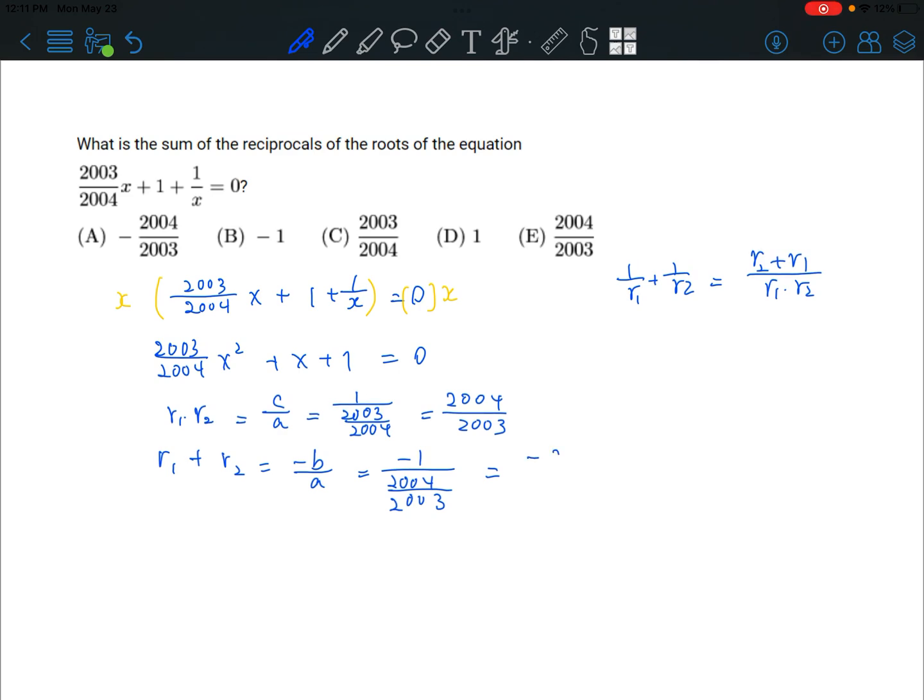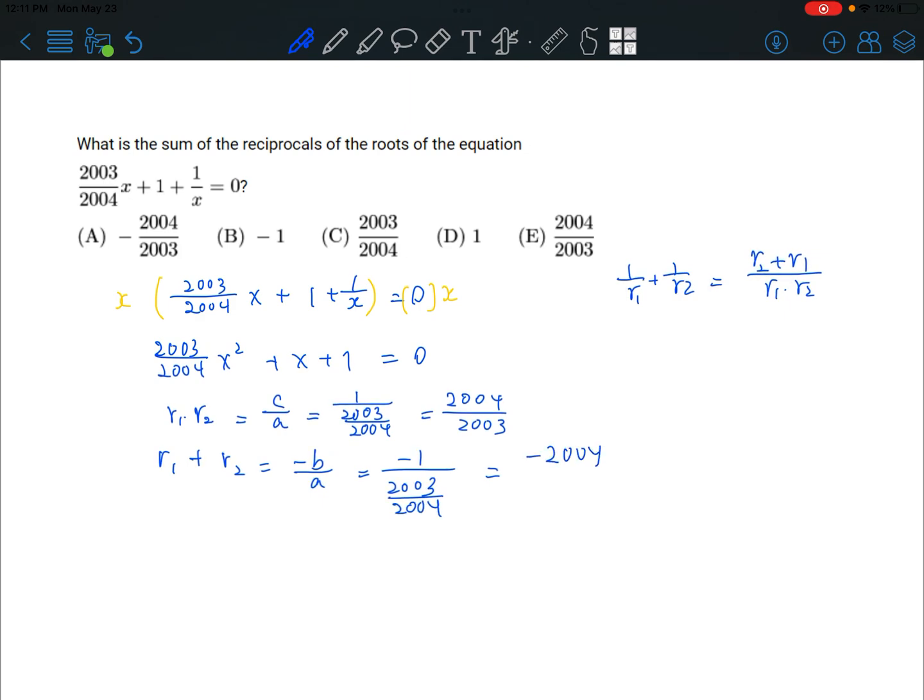Oh, here is a mistake. Negative 2003 over 2004.